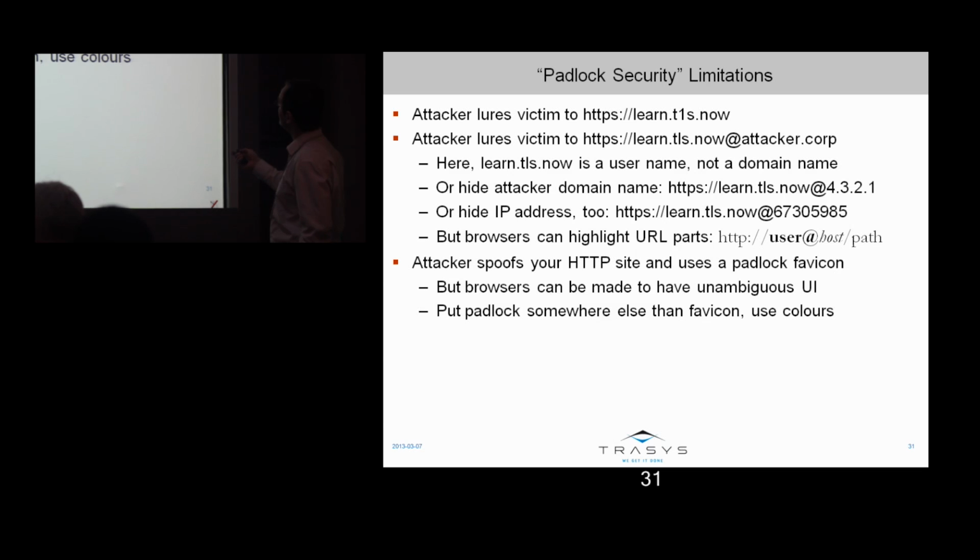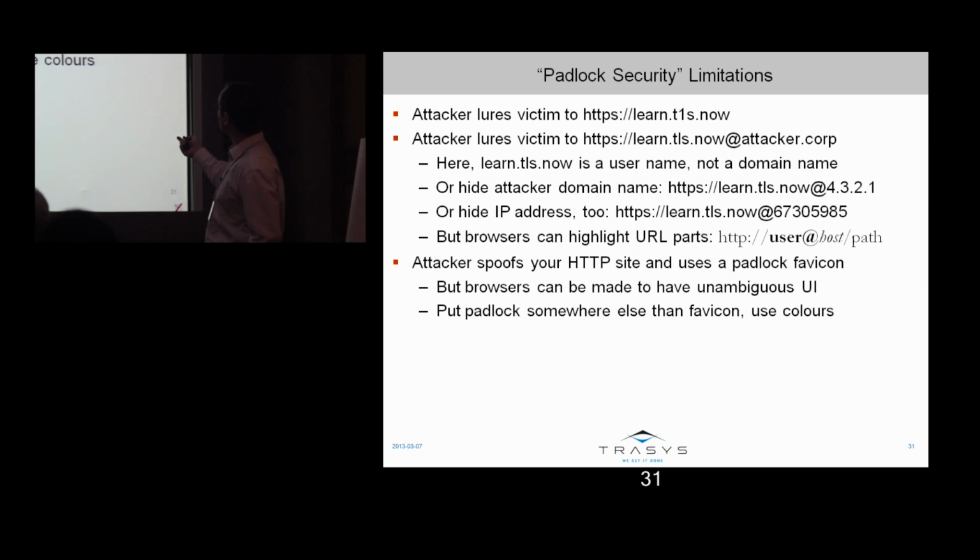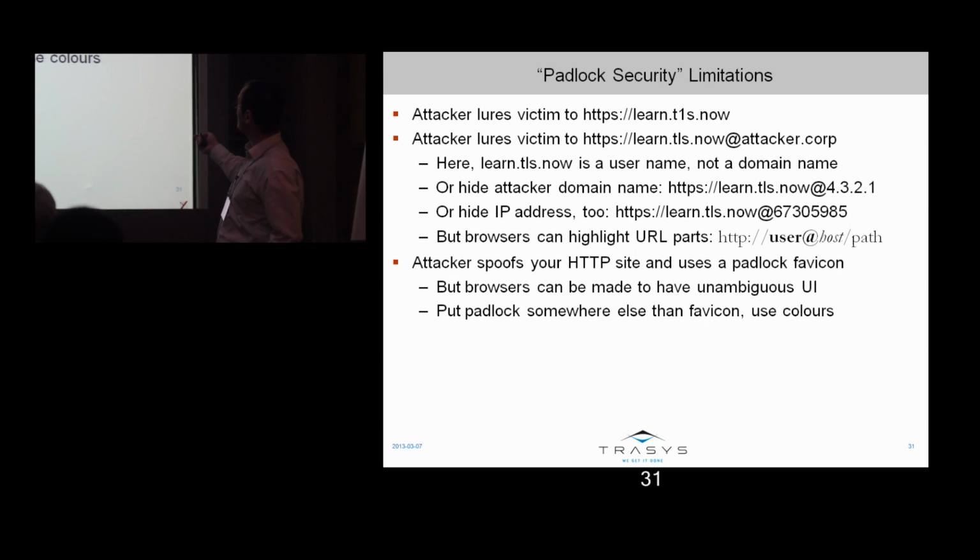If you think that seeing attacker.corp may scare off a user, rest assured that that could be an IP address. And if you think the users might find IP addresses funny in the middle of a URL, there's another way of expressing 4.3.2.1, that IP address, as one big integer, this one. So these two things are the same, the IP address with 4 octets and the one with the big number.